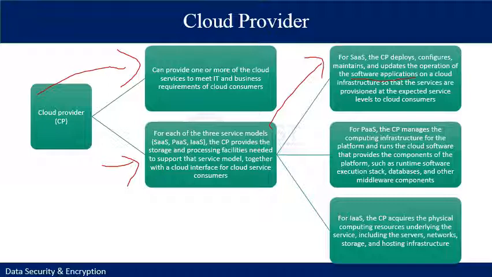For platform as a service, the cloud provider manages the computing infrastructure for the platform and runs the cloud software that provides the components of the platform, such as runtime software, execution stack, databases, and other middleware components. For infrastructure as a service, the cloud provider acquires the physical computing resources underlying the services, and it includes the servers, network, storage, and hosting infrastructure.